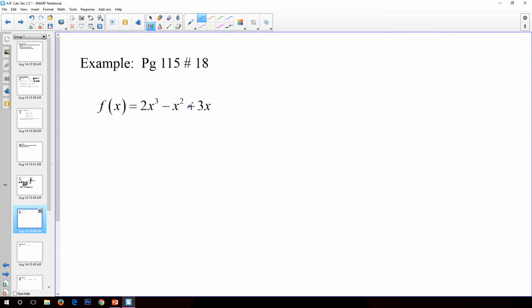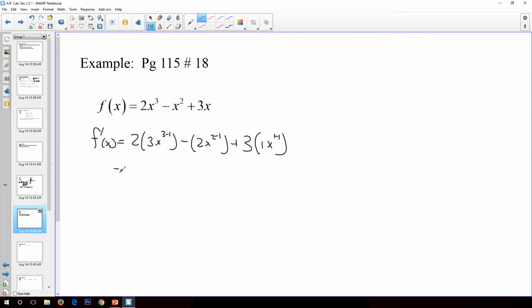Okay, now let's start slapping some of these rules together. I see that I have a constant, a simple power rule, a difference, a simple power rule, a sum, a constant multiple, and a simple power rule, all in that one. So I'm going to go right to it and say f prime of x is equal to 2 times, using the simple power rule, 3x to the 3 minus 1, minus 2x to the 2 minus 1, plus 3 times 1x to the 1 minus 1.